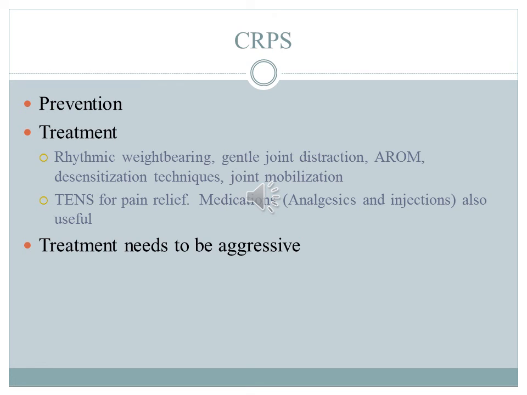If somebody does develop complex regional pain syndrome, there are various things you could do: rhythmic weight bearing, gentle joint distraction, encouraging active range of motion, and desensitization techniques, basically taking different types of textures and just touching the area, because literally what's going to happen, if this progresses, or depending on how bad it gets, is that you can't touch the person's limb or body part without it causing pain.